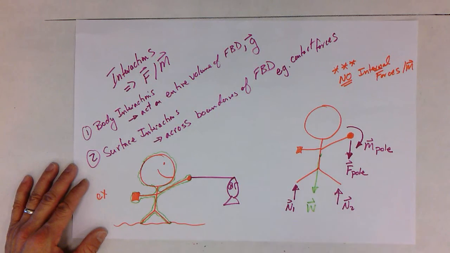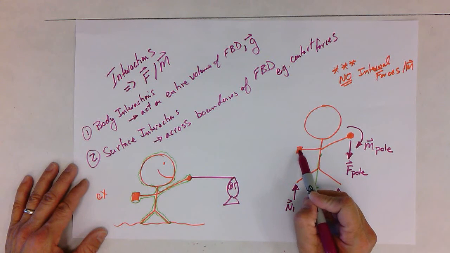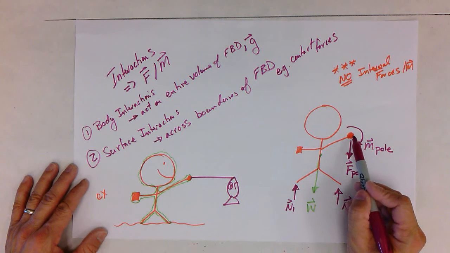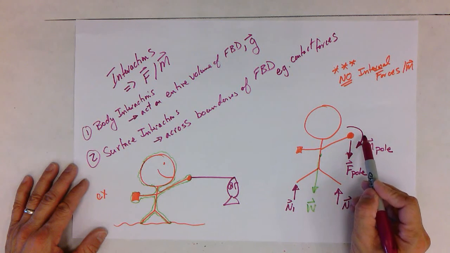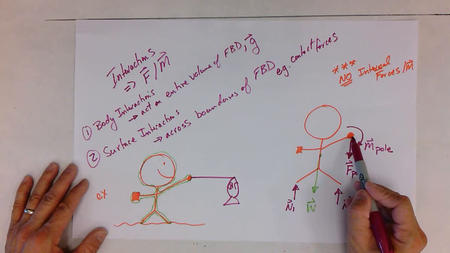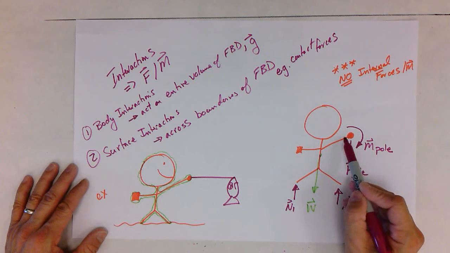All right? So for example, Mark is holding the coffee cup. He is applying a force to the cup. The cup is in contact with his hand. It's applying a force to his hand. Those are equal and opposite forces. They cancel out. At the boundary, there are equal and opposite forces, but since the hand is at the boundary, inside the body are the forces from the pole to the body.